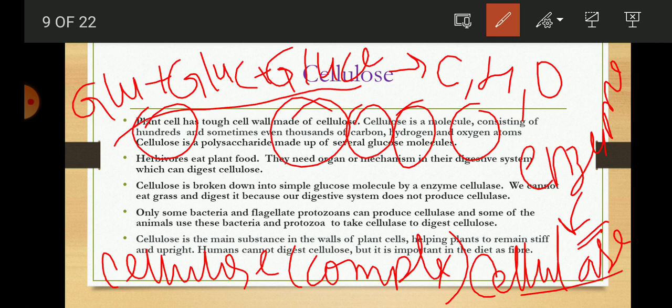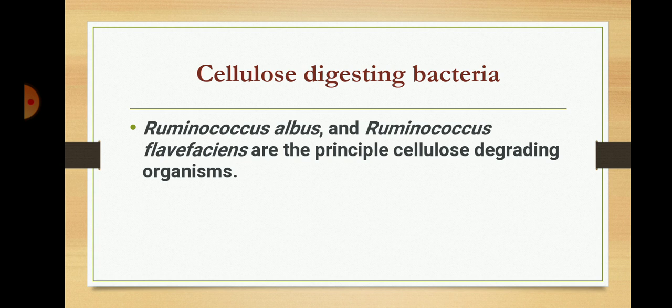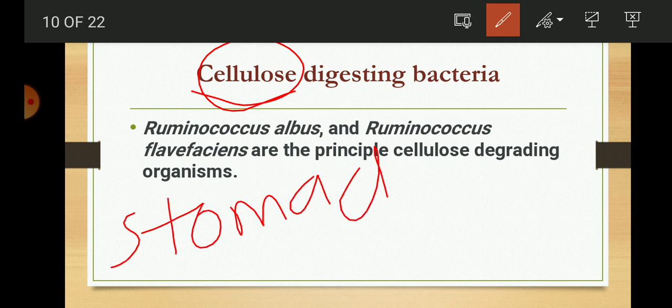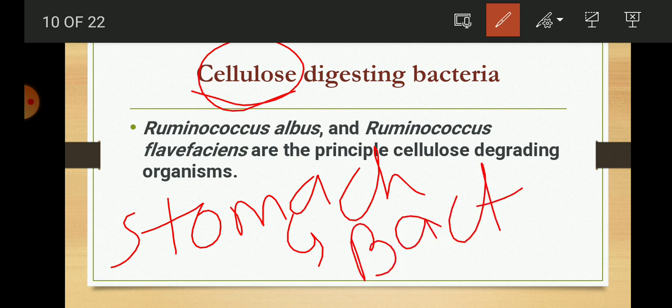Since we are talking about ruminants, let's continue with the second topic, that is the cellulose digesting enzymes. Students, as I have told you, cellulose is not digested by everyone; it is digested only by the ruminants, because in the stomach of the ruminants, bacteria are present which produce cellulase.